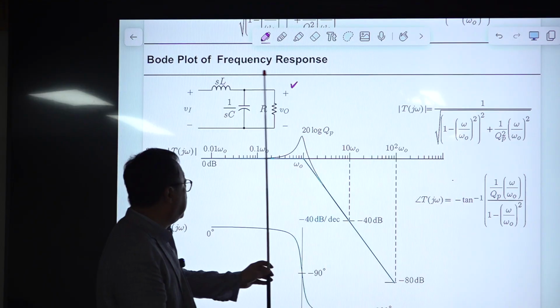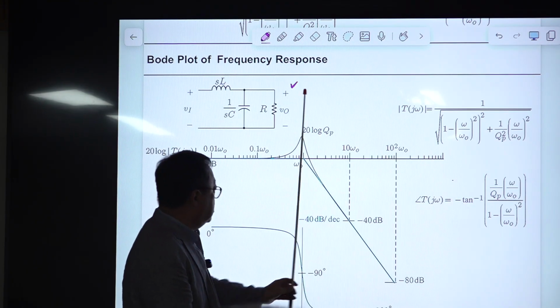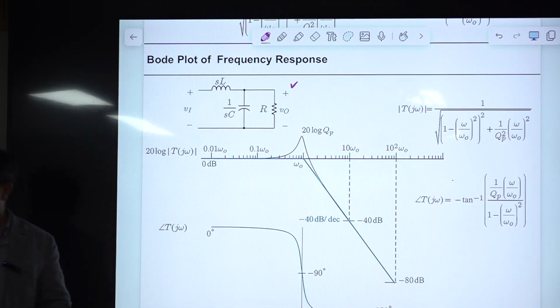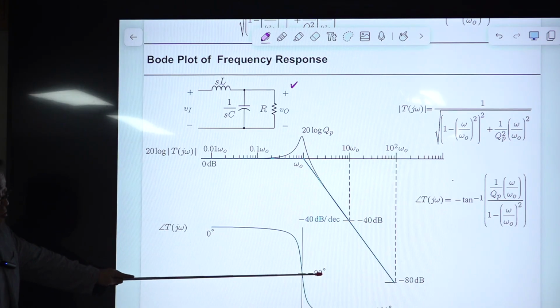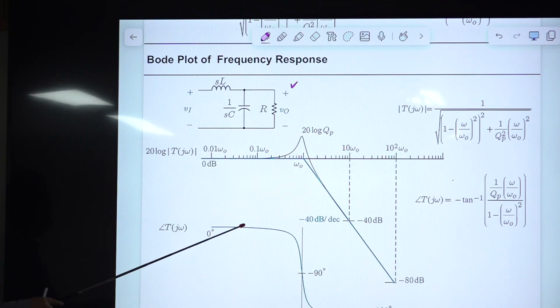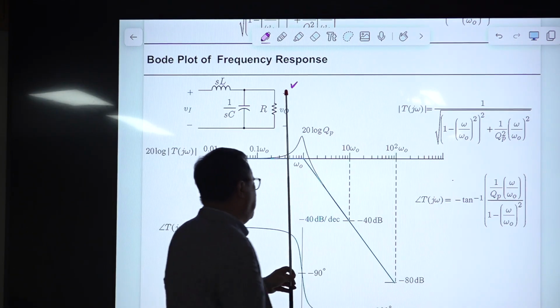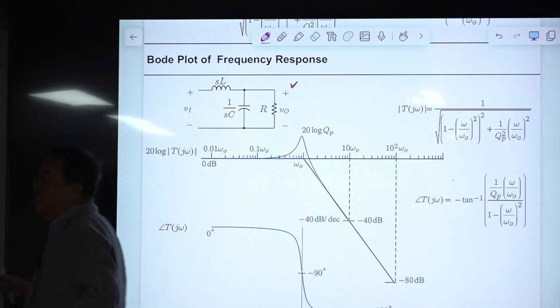Actually at this double pole frequency, this is the exact value. This is the only one exact value. Everything else you need to calculate. This is available directly from this analysis. Other than that, you need some simulation or very, very tedious calculation.